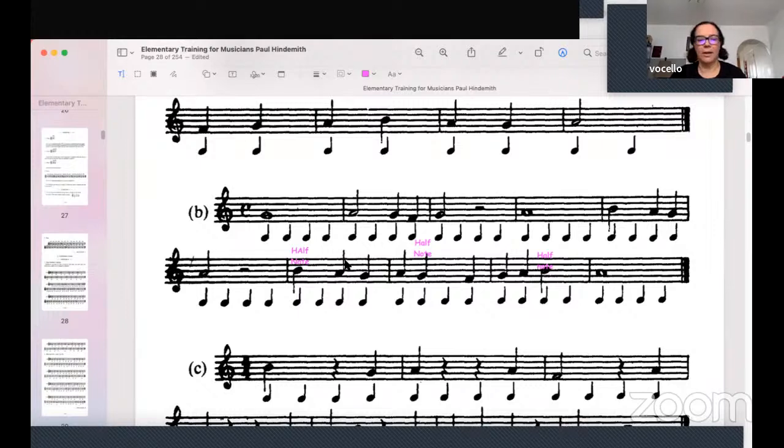I missed that second line. I messed up, sorry. Second line. You can sing or you can play with your favorite instrument.